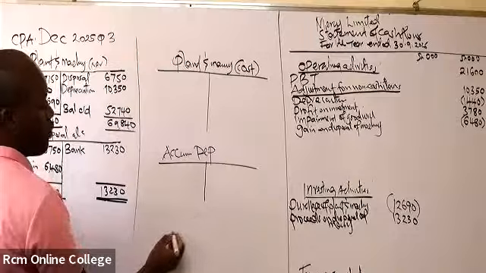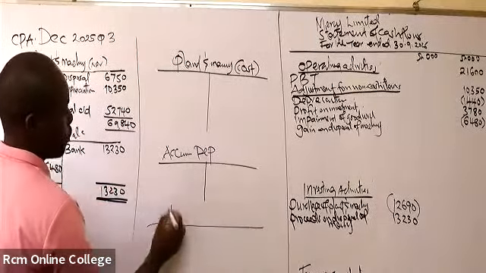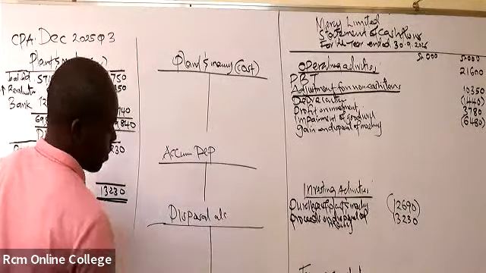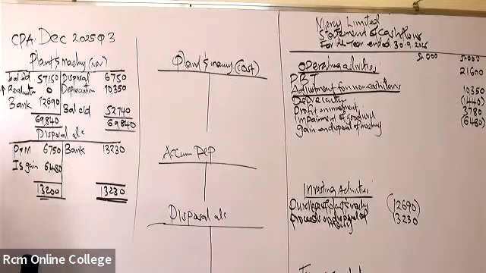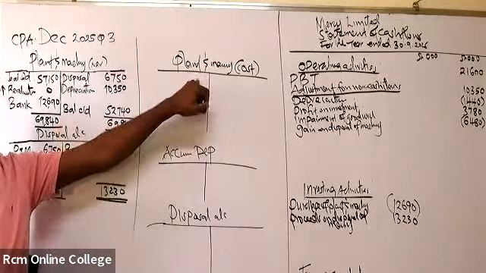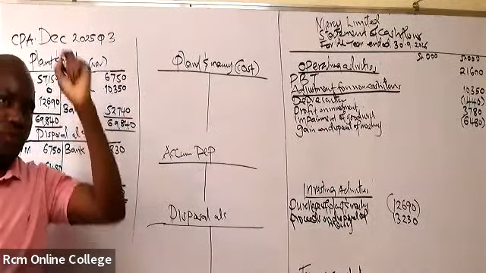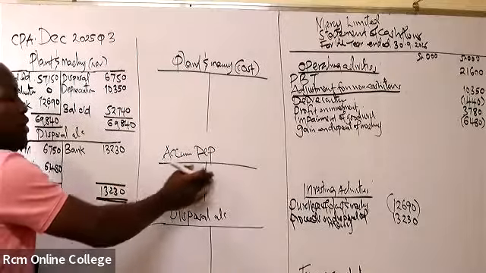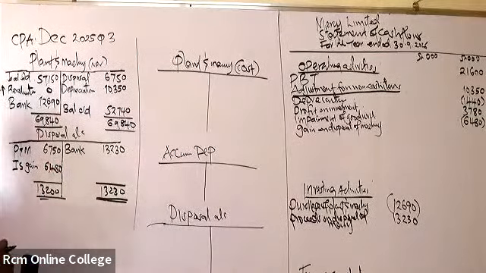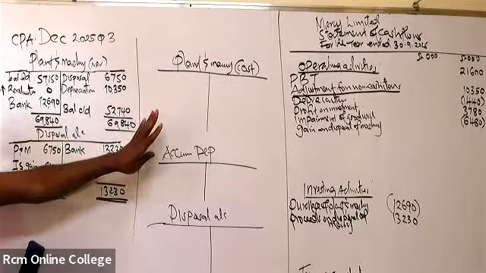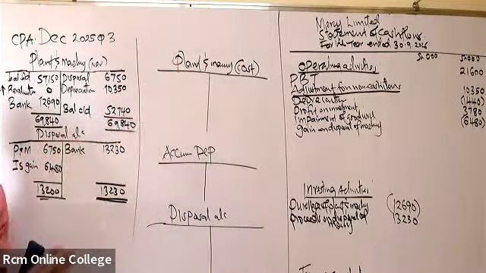Then we end up with the disposal account. You have to give us the balance brought down of our machinery maintained at cost. We do not have that. You have to give us the accumulated depreciation of the entire PPE. We don't have that. So maybe in our next question, I'll select a question where you are given the cost and not net book value.